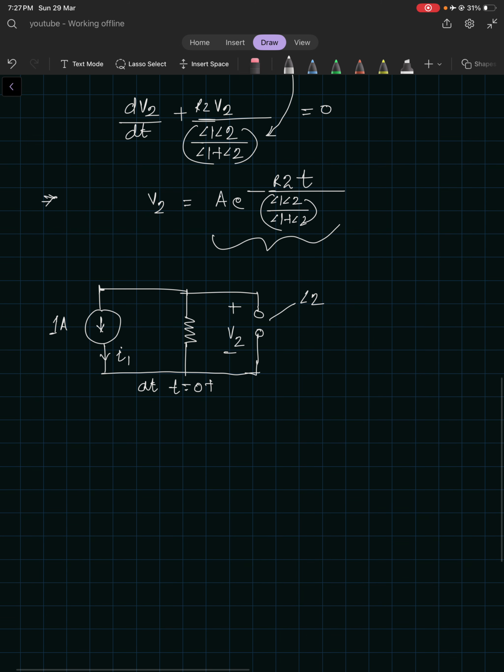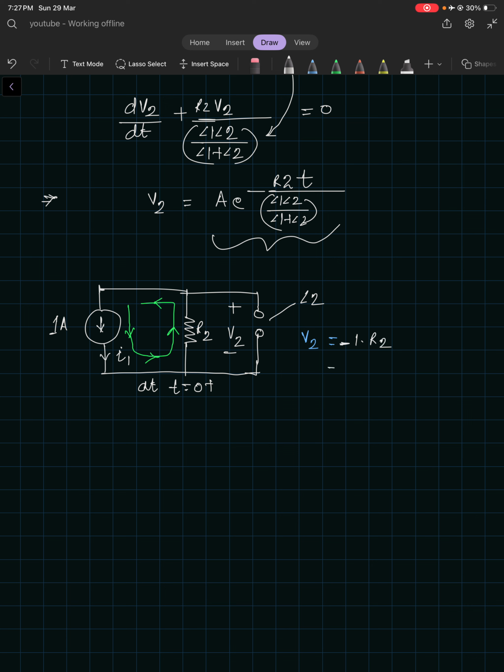So what will happen? All this current will pass through this one, this way. So here V2 will become, remember the polarity, 1 into R2 with a minus sign.